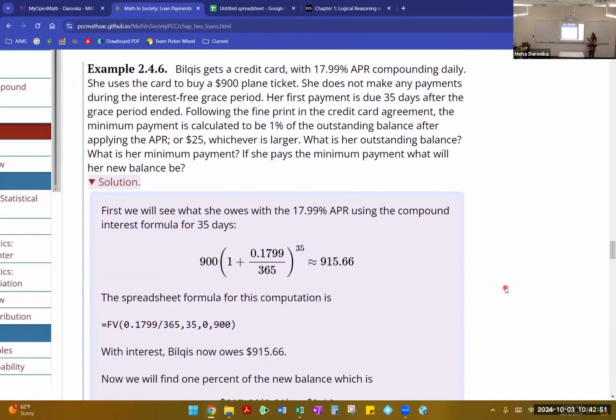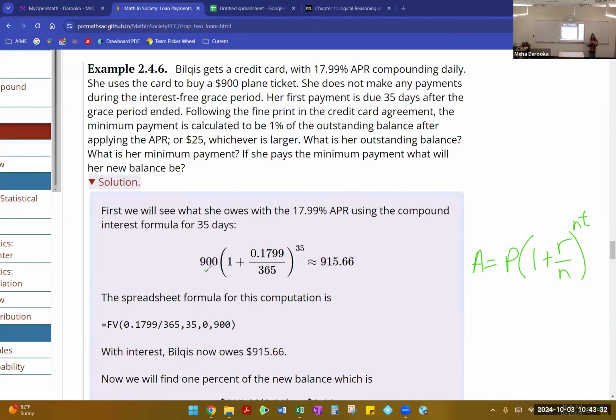So we do know this is a 17.99% APR. And since we are talking about compounding daily, your time frame is also going to be in number of days. So she borrows $900, and this is your basic simple compounding interest formula: A equals P times (1 plus R divided by N) to the power of N times T. I actually just want to write NT, but yes, it's multiplication.